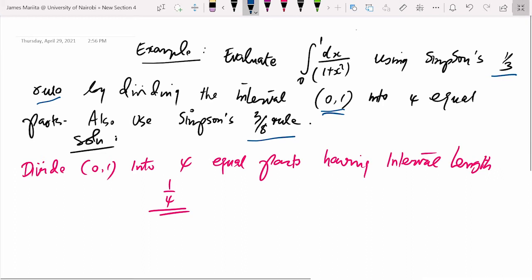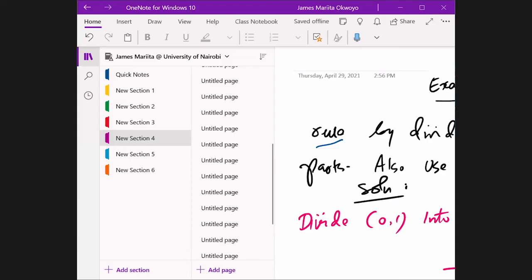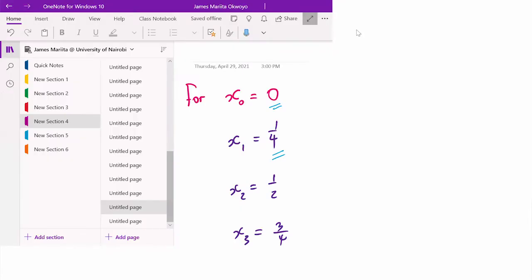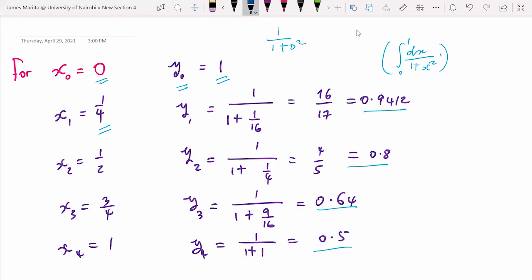Yes? Can I ask, is the 3/8 rule the same as the 1/3 rule? That is the other name, the Simpson's rule. No, 1/8.